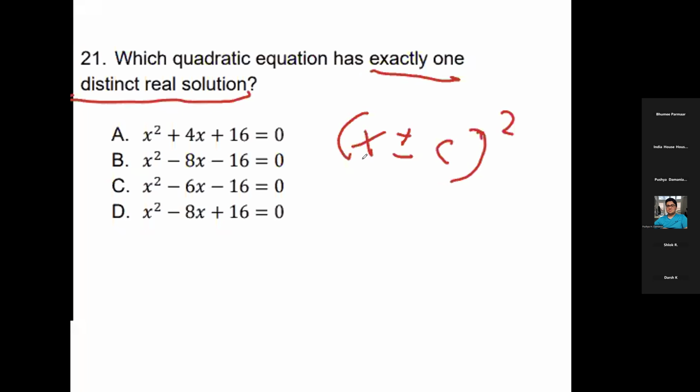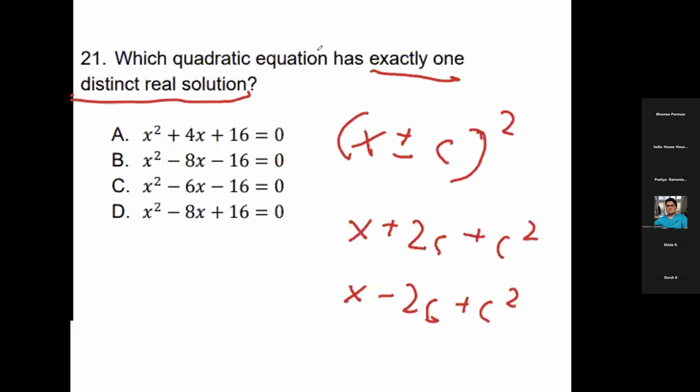It always has to be in this form. And so for x plus this constant squared, it would just be x squared plus 2cx plus c squared. And if it's minus c, then it would just be x squared minus 2cx plus c squared again, because negative c times negative c is positive c squared. And so these are the two forms it can be.